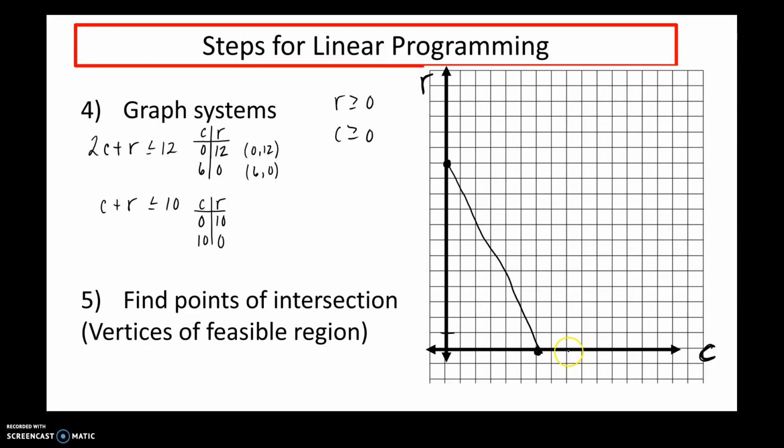So 6, 7, 8, 9, 10. And then this was 12. So this would be (0, 10). Okay. So I'll use a second color to connect those intercepts.